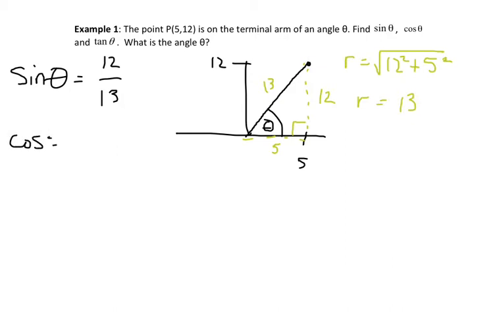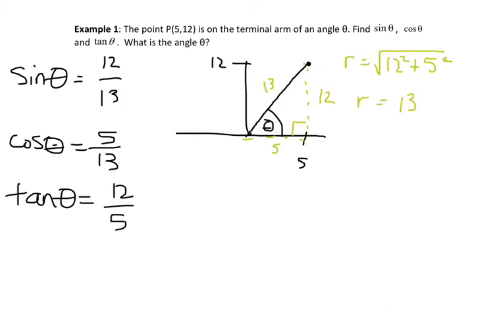Cosine of theta is going to be 5 over 13. Tangent of theta is going to be 12 over 5, opposite over adjacent. To answer the question, what is the angle? I can use any of these and find the inverse. I know that the value should be between 0 and 90.